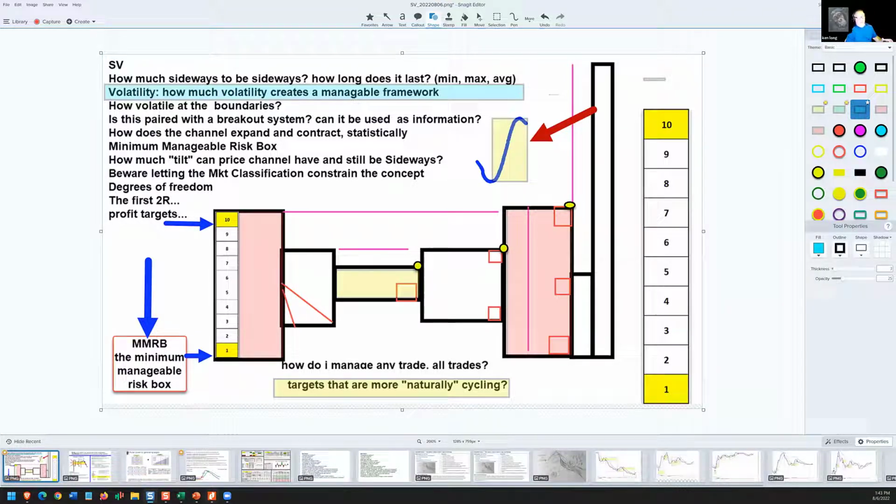One way to quickly find that out is to find the size of those tradable channels I want to trade in when I'm sideways, divide it into tenths, and ask whether I can manage one tenth of the channel as the unit of risk and reward. If I can, that's a good thing.